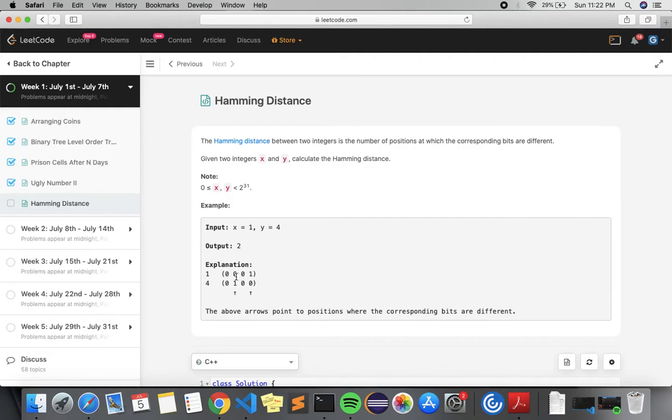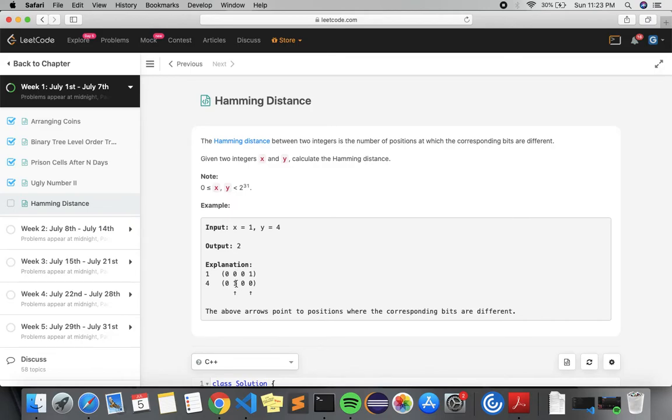Then we see another bit, 0 and 1, and they are different. Now we increase our Hamming distance one more time, so the total change is 2. So our answer is 2. That is our Hamming distance between these two.